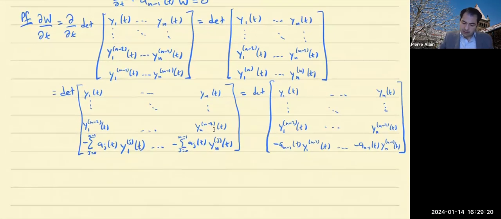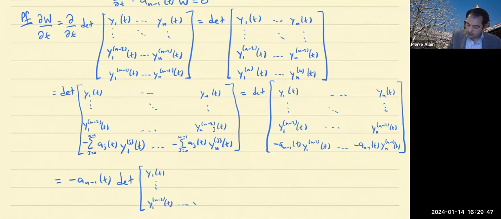Okay, and then this matrix, this final row is all being multiplied by the same constant minus a_{n-1}. So I could pull that out of the determinant, and I would get minus a_{n-1} of t times the determinant where you have y1 of t all the way down to y1^(n-1) of t, and then yn^(n-1) of t, yn of t.